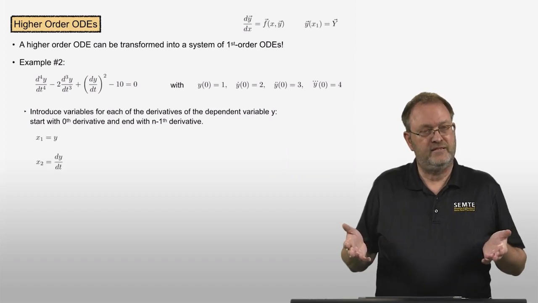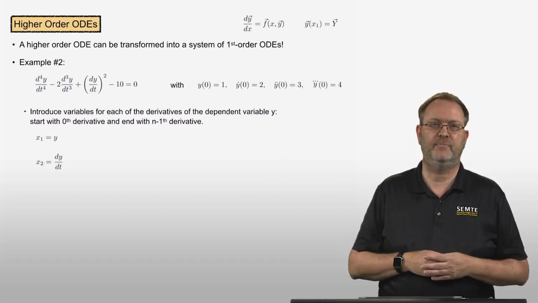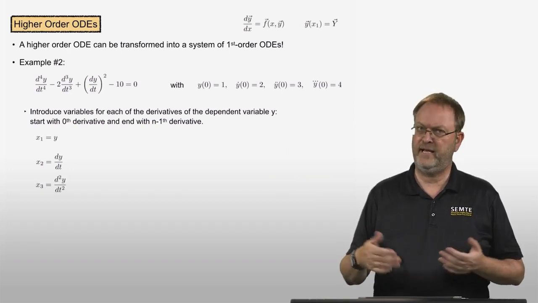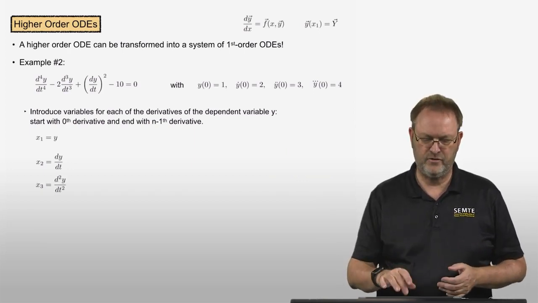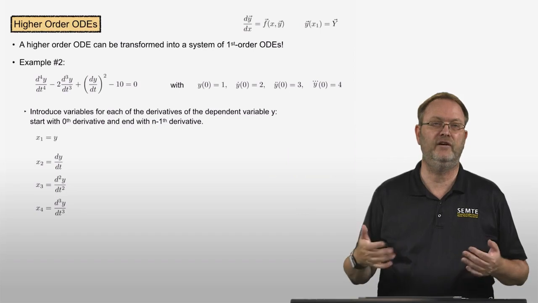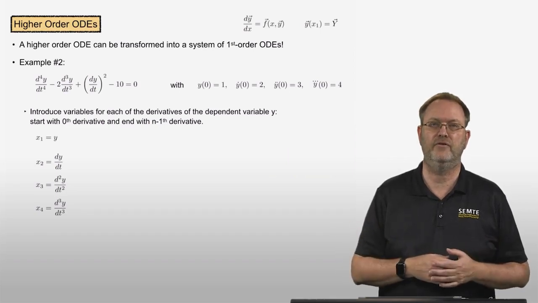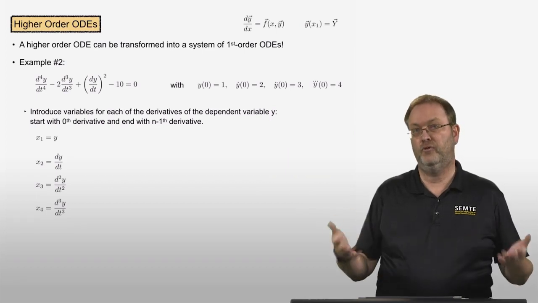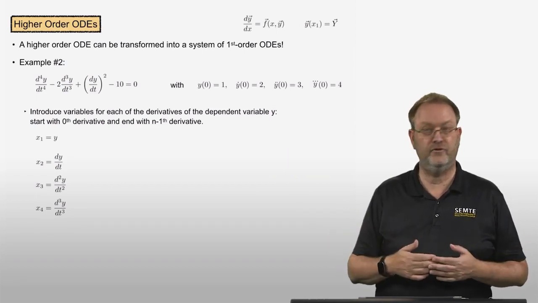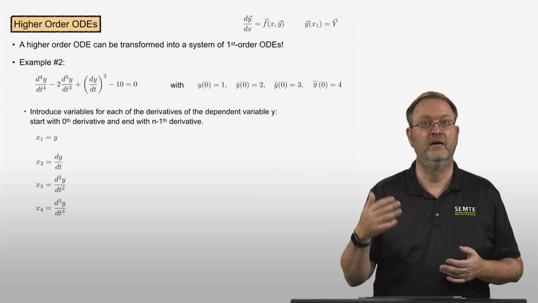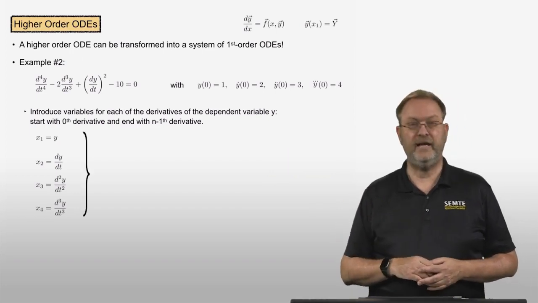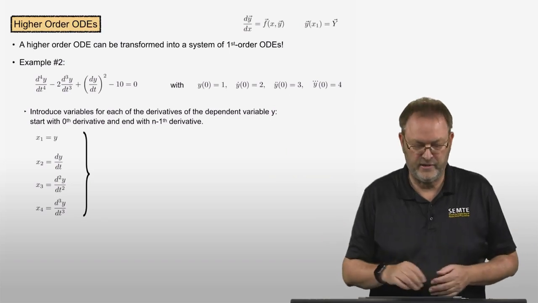I'm going to introduce a second new variable x sub 2. That will be the first derivative. A new variable x3, that will be the second derivative. And finally, a new variable x4, that is the third derivative. Now, the highest derivative in the ODE was the fourth derivative. So here I have to introduce new variables up to the 4 minus 1, up to the third derivative. Okay, so I got these new variables now.